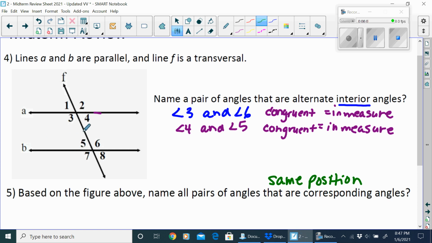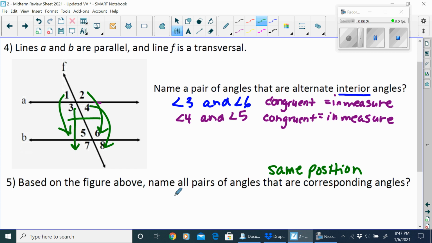So if I were to cut the transversal right in the center and pick it up and place it at the bottom, 1 would land on 5, 3 would land on 7, 2 will land on 6, and 4 will land on 8. So they hold the same position.